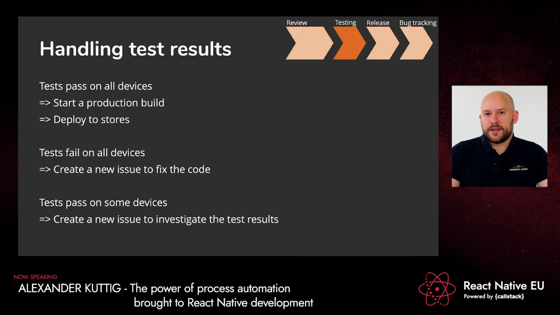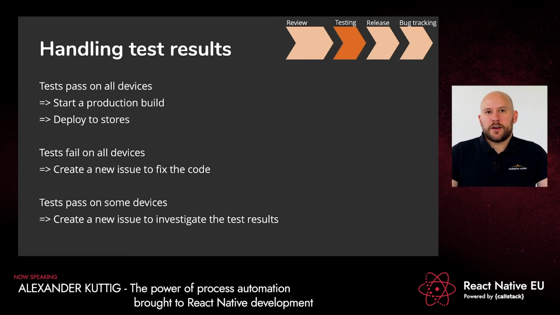Please investigate, have a look, and decide how to go on. So this is how we are handling this at the moment. There can be other ways. It's not the one way, just an idea how to handle this. But again, this automated end-to-end testing really saves us a lot of time.